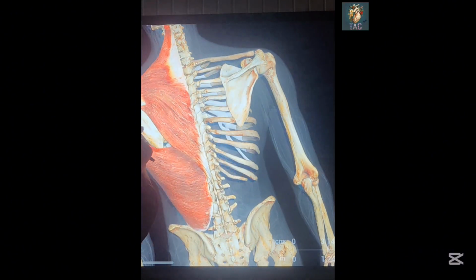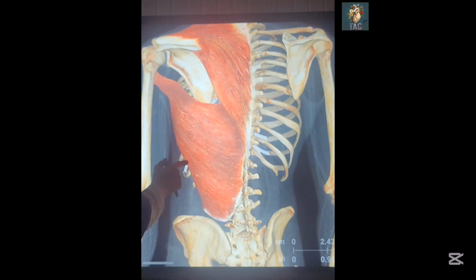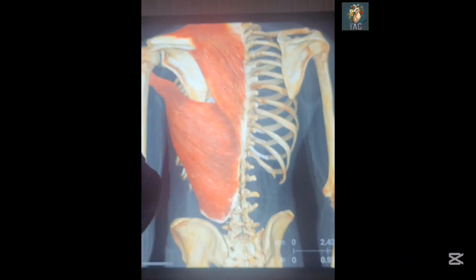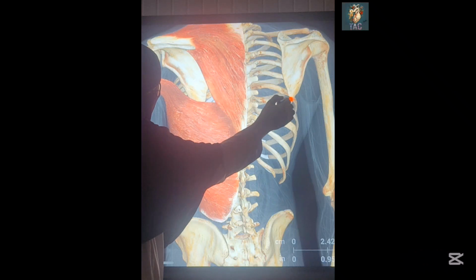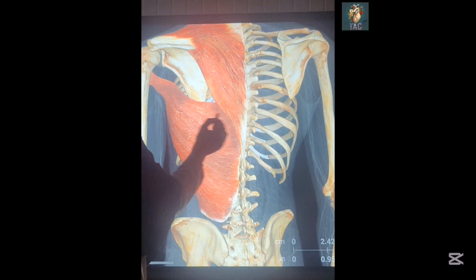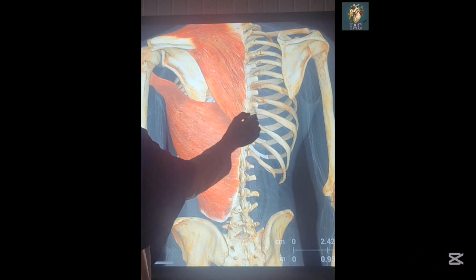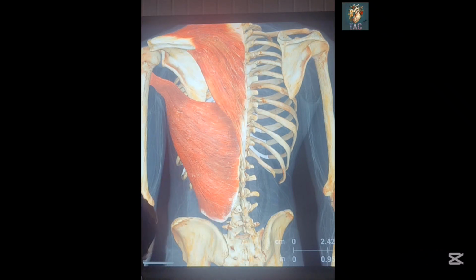Now moving on to the latissimus dorsi muscle. You can see over here that latissimus dorsi takes origin from the inferior angle of the scapula. Here you can see this is the inferior angle of the scapula, and it takes origin from the inferior angle of the scapula, the lower four ribs, the thoracic vertebrae, the external iliac crest, and the thoracolumbar fascia.